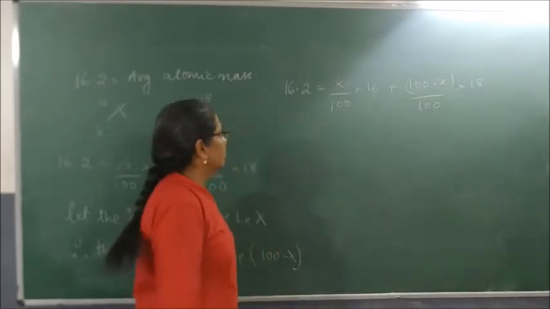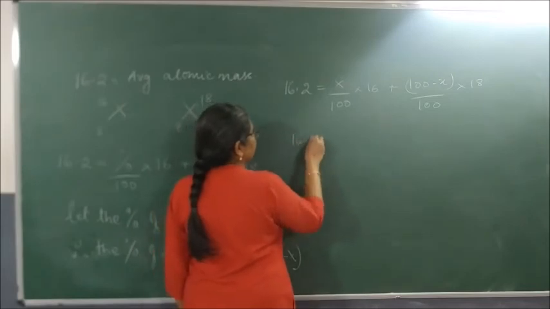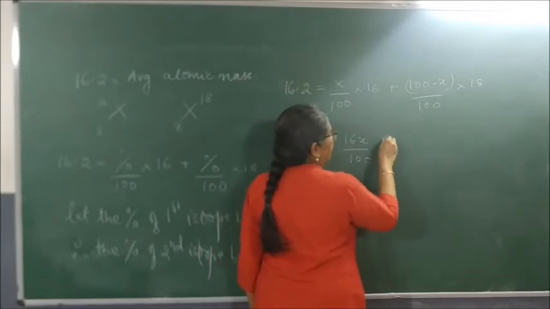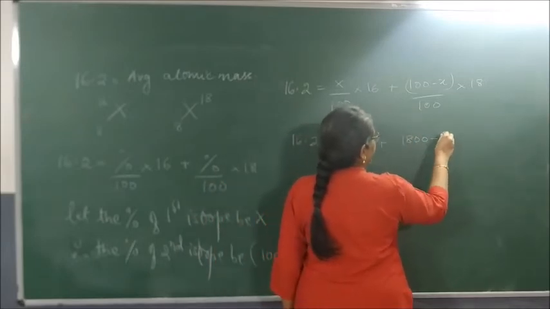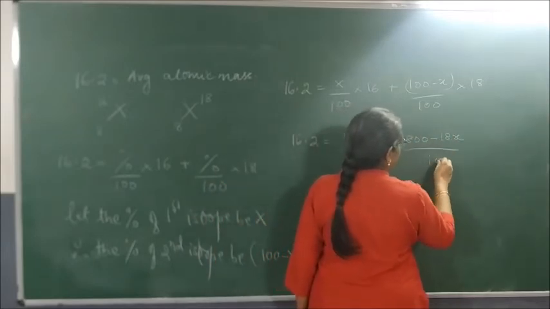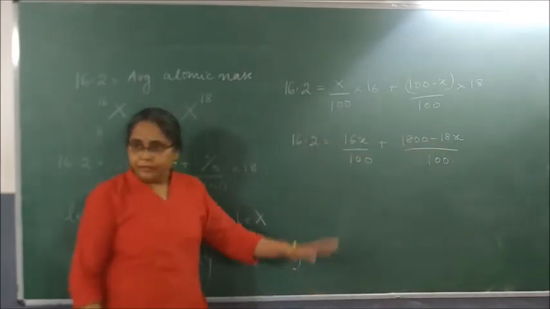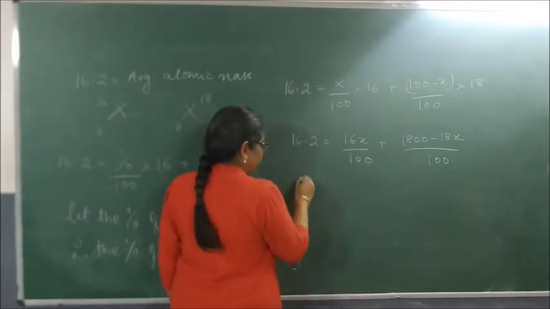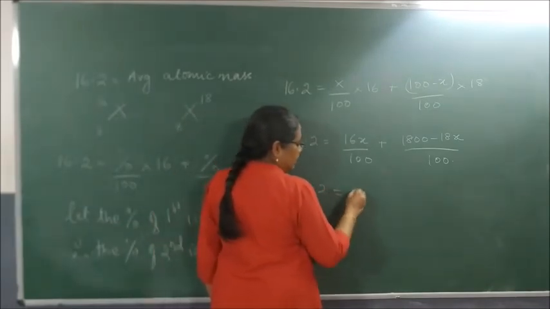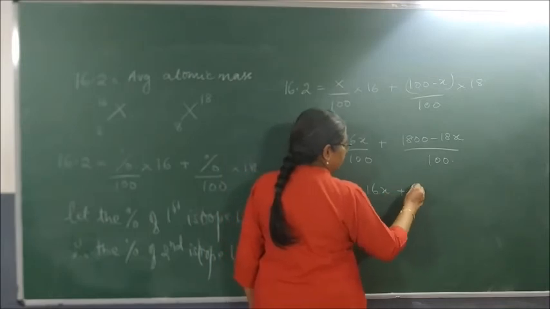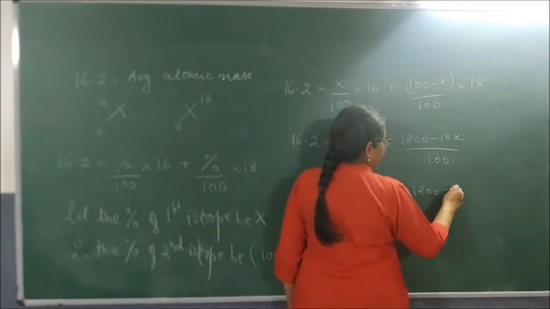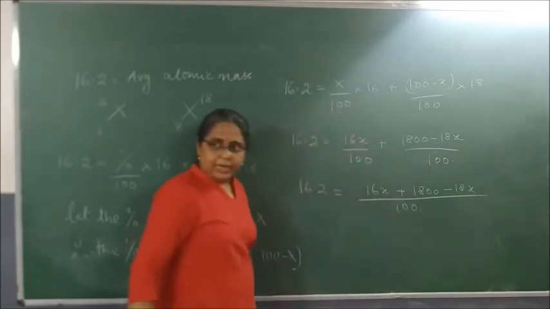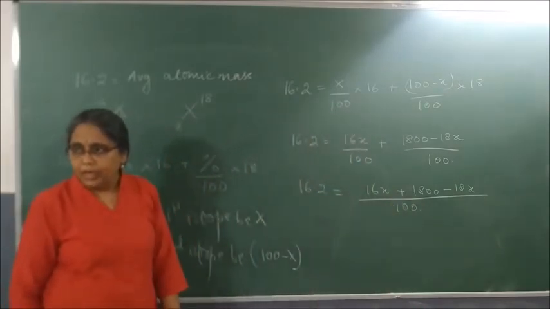So I can write 16.2 is equal to 16x by 100 plus 1800 minus 18x by 100. I have just opened the bracket and multiplied. So I can also write this as 16.2 is equal to 16x plus 1800 minus 18x by 100, because it is the same common denominator.